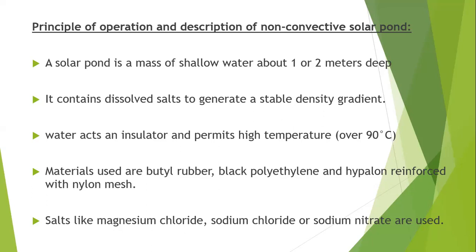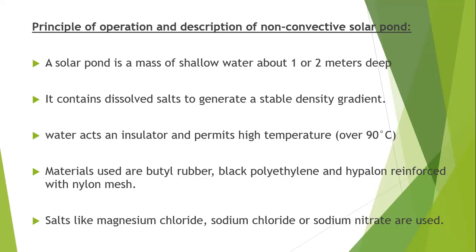On the other hand, this convection can be eliminated by initially creating a sufficiently strong salt concentration gradient. If we make the pond with a strong salt gradient, we can remove this disadvantage.